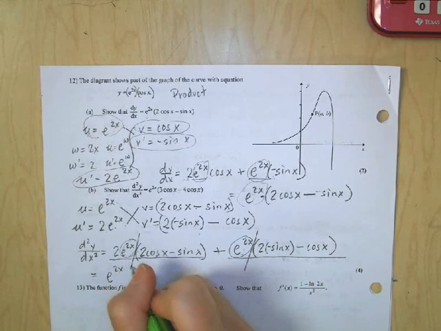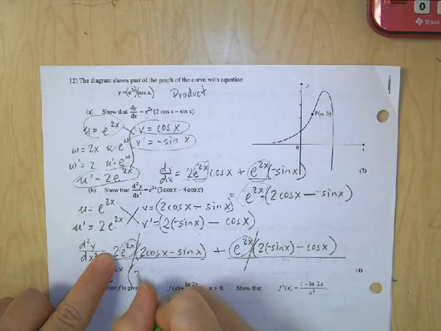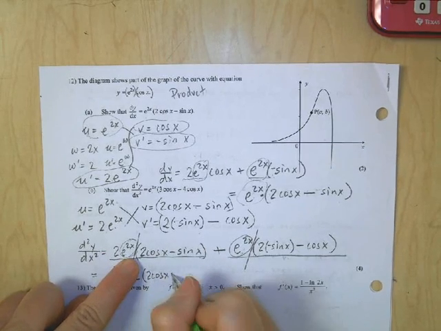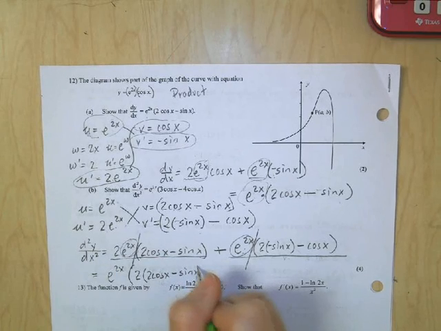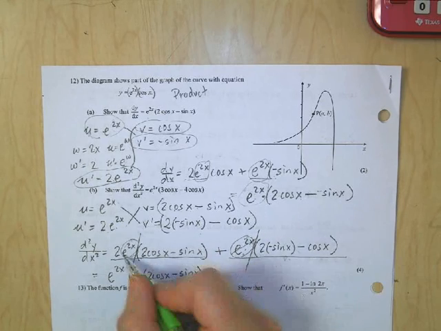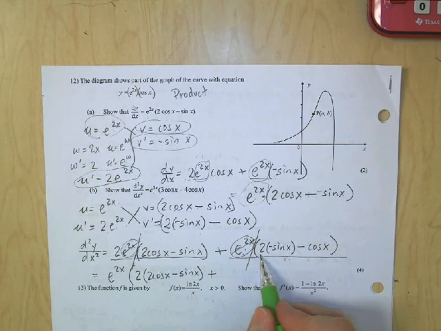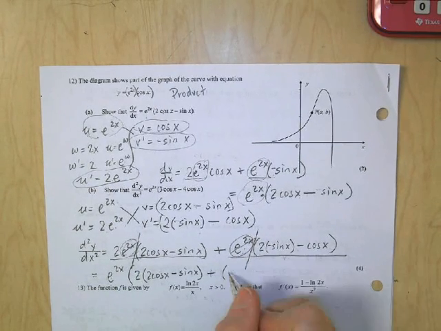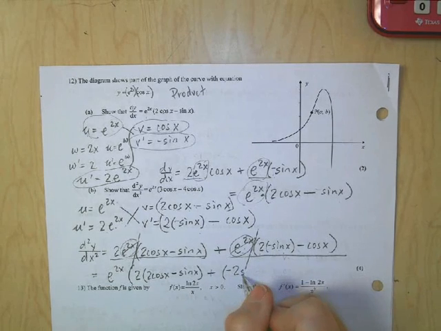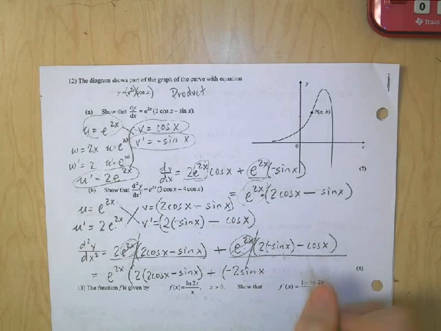So what's left behind? 2 times 2 cosine x minus sine x plus, see this is now gone. I've factored that out. It's over here. So what's left? Parentheses, 2 times negative sine x. I'm going to go ahead and simplify that. 2 times negative sine x is negative 2 sine x minus cosine x.